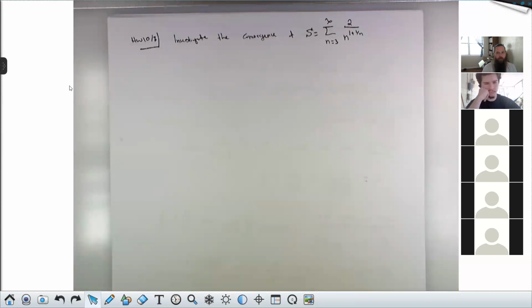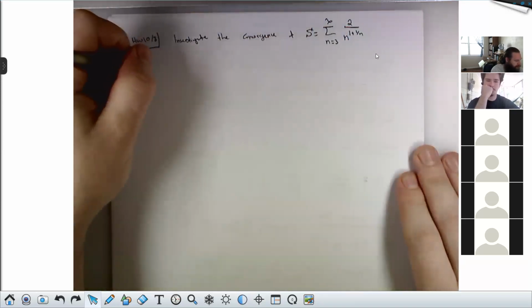This is a funky looking series because you've got n raised to a weird power that itself involves n. And you'll see this in a handful of problems, like n to the n, that sort of thing does show up from time to time. Thankfully, this is not as hard to deal with as that.